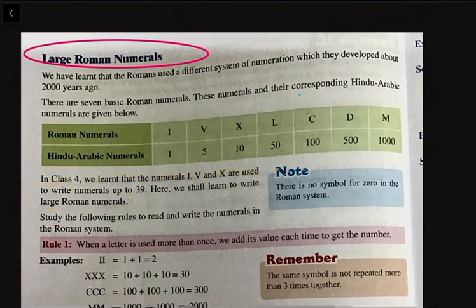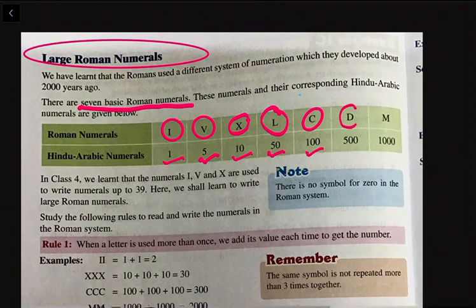There are some basics, 7 basic Roman numerals. What are these? These are I, which stands for 1. V stands for 5. X stands for 10. L stands for 50. C stands for 100.